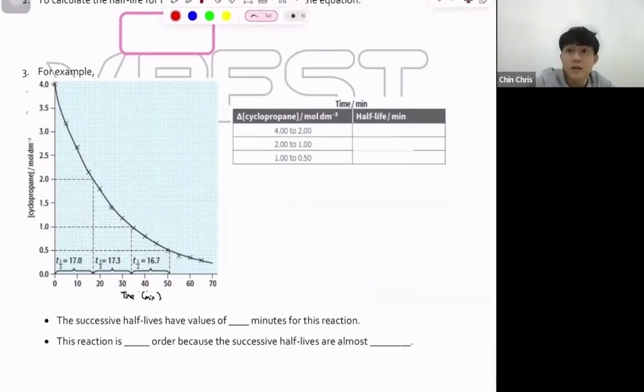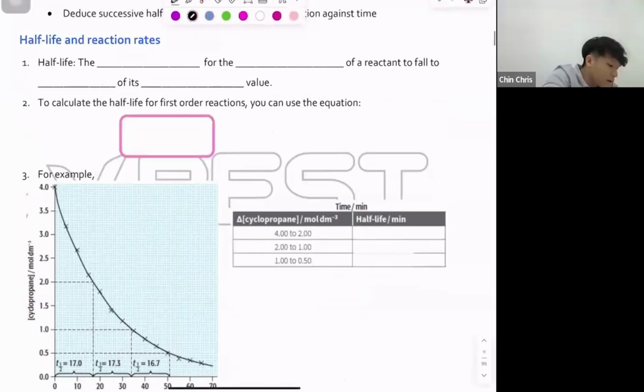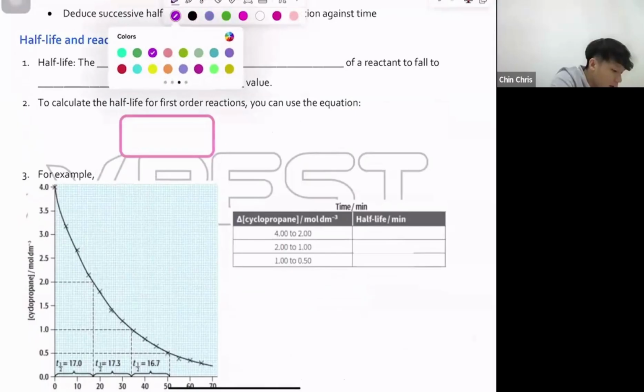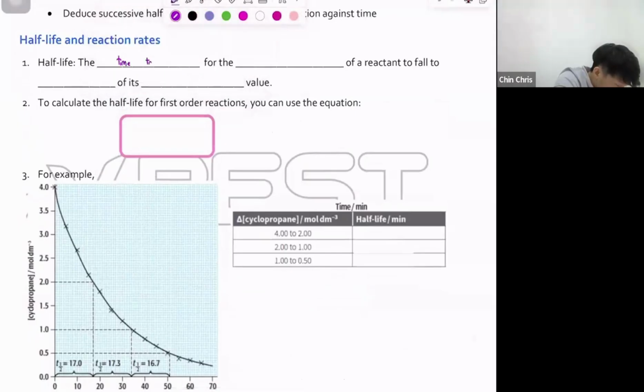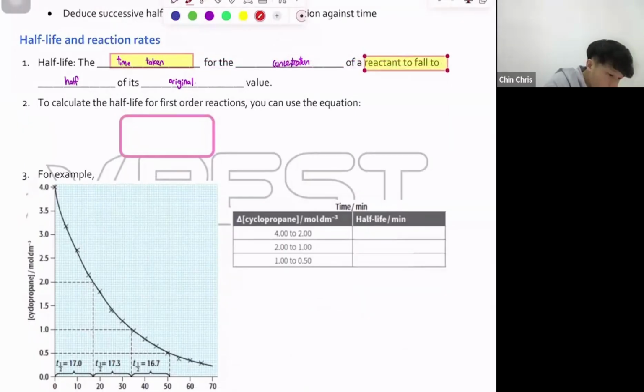It's basically the time taken for the original value to become half. So half-life is the time taken for the concentration of the reactant to fall to half of its original value.